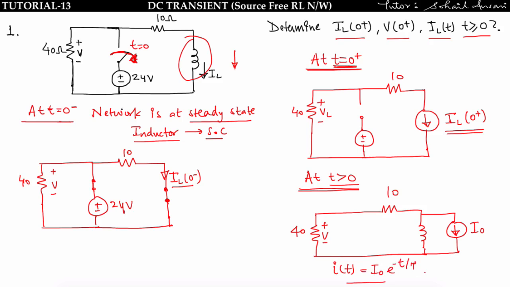So we have drawn all the three circuits which are present in the three cases. Now we will find the response one by one. Okay, we have to find what? IL of 0 plus, V of 0 plus, and IL of t for t greater than 0.